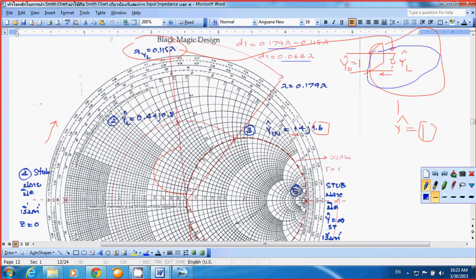That means this is the position where you bring the stub to connect to the original transmission line. Or simply, make the real part of your normalized load admittance be 1.